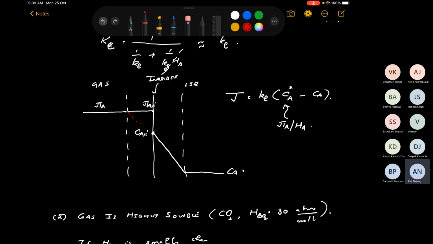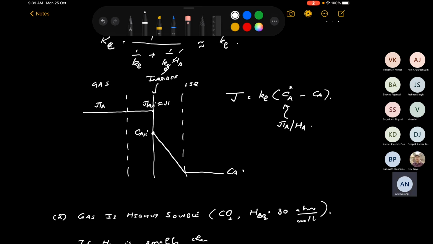In fact, there's hardly any decline and the line is virtually flat. So p i A i is essentially equal to p i A in the special case where the gas is insoluble, because the only decline that occurs is in the film on the liquid side. There is no change in the concentration on the gas side.